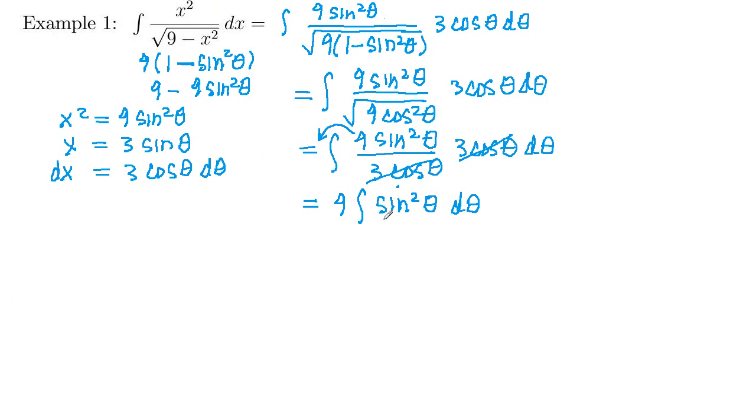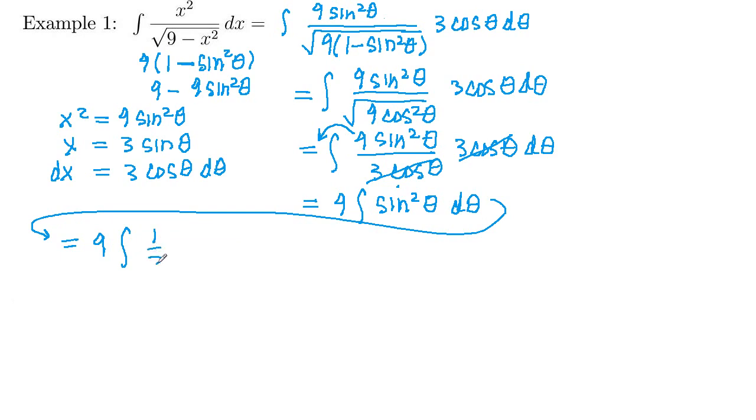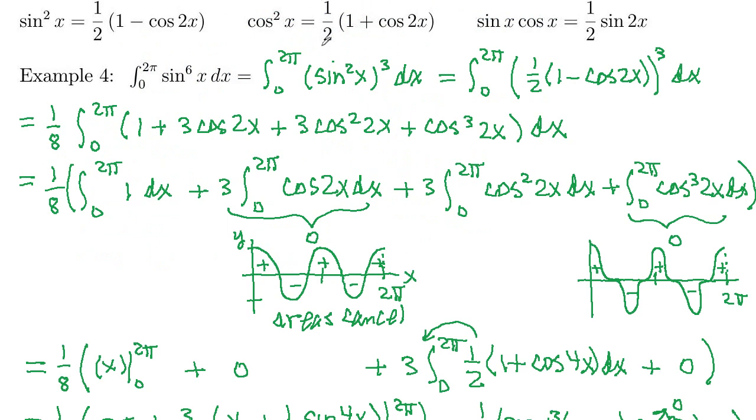So remember what we do with all even powers of sine and cosine. We will use the half angle identities. So this will be 9 times the integral of 1/2 times 1 minus cosine 2 theta d theta. And that was this half angle identity again from the last section.